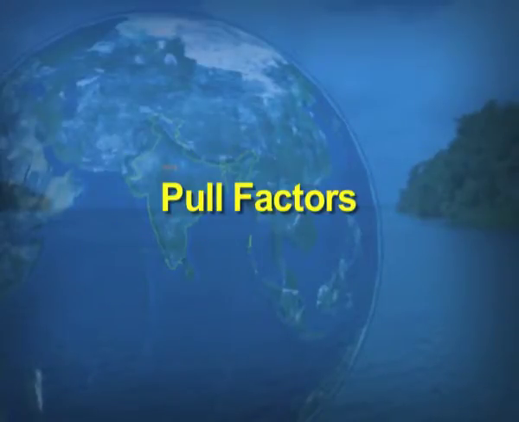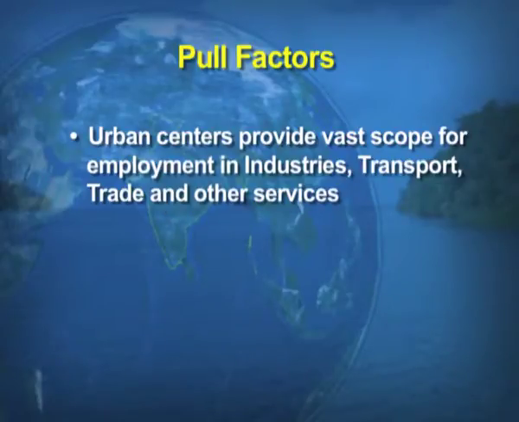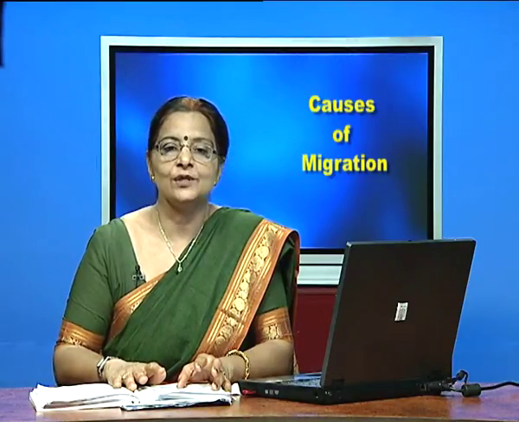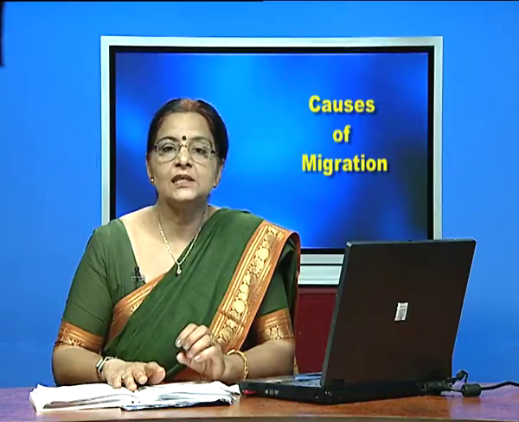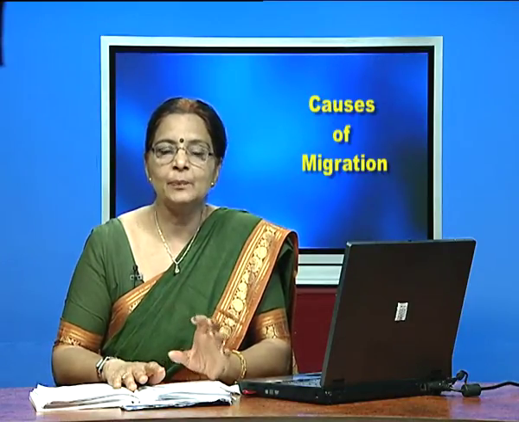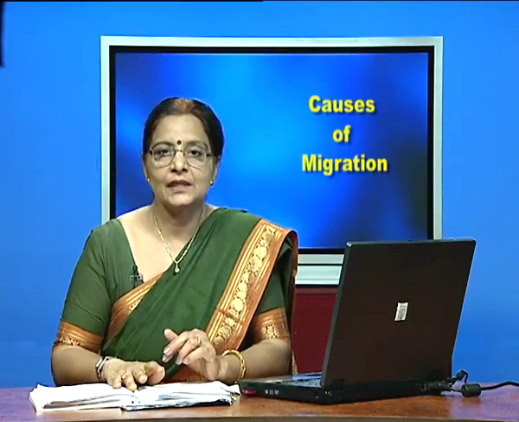So, as the term interprets, pulling means the urban centers provide vast scope for employment in industries, transportation, trade and other services. So, when people get better opportunities of employment, that is the pull factor. That means those areas pull the people towards their side.